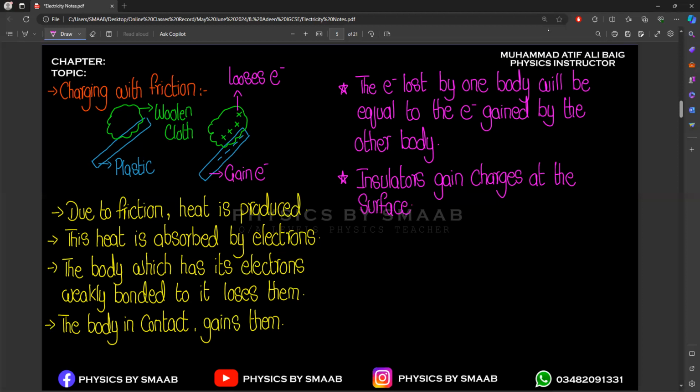So always try to answer with respect to the electron. If you refer to protons in your answer, saying that there must be a transfer of protons, you will not get any marks for that because there is only a concept of free electrons, right? Okay.